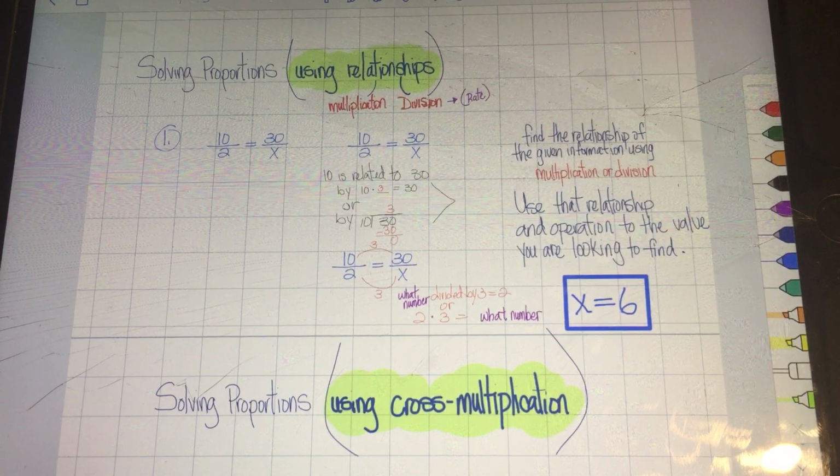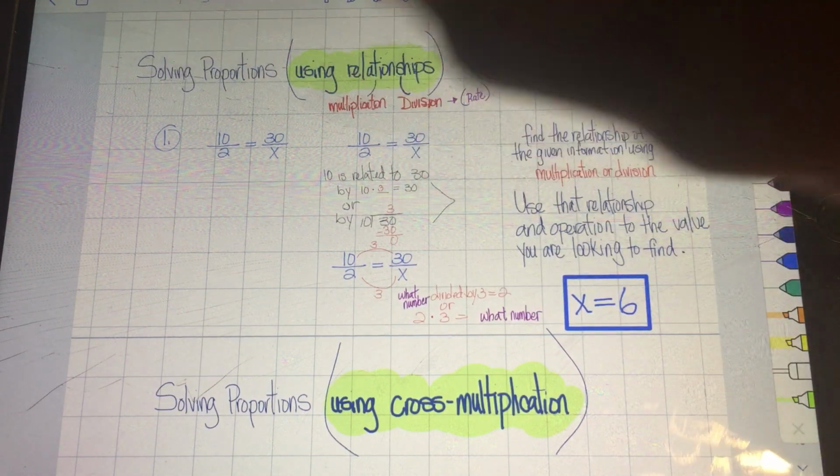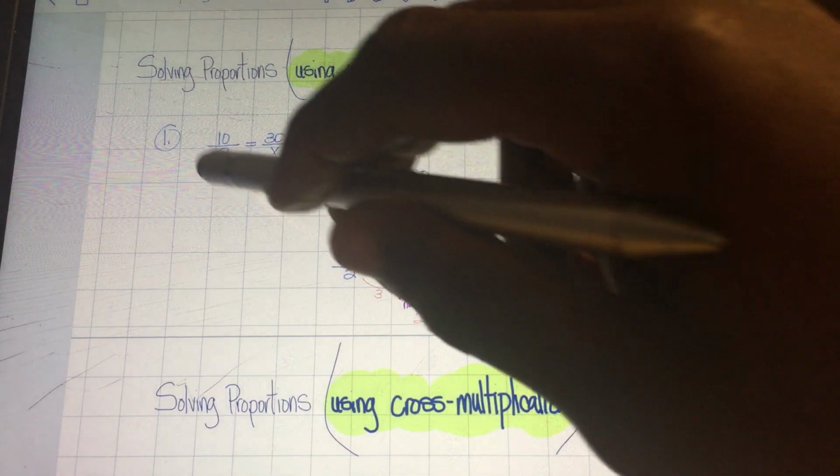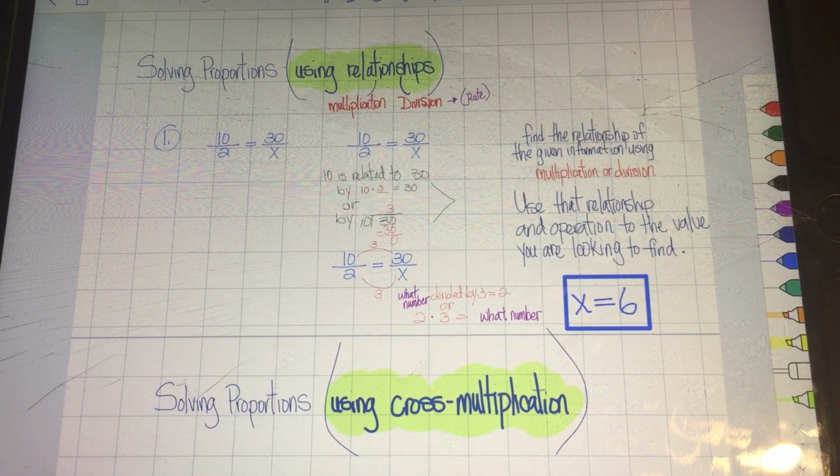And so that 10 is related to 30. And we want to know, what is that relationship? How are they related? Because if we can identify their relationship, then we would be able to identify the same relationship for our denominator and be able to then go ahead and solve for our unknown value.